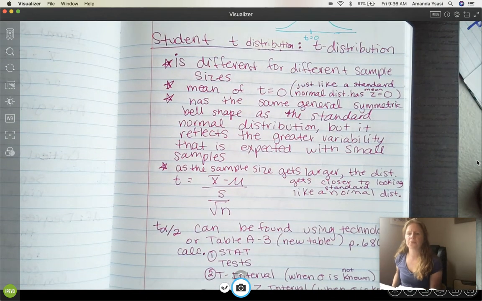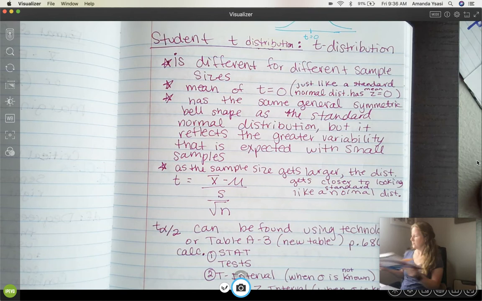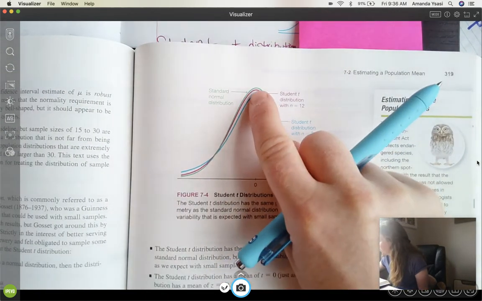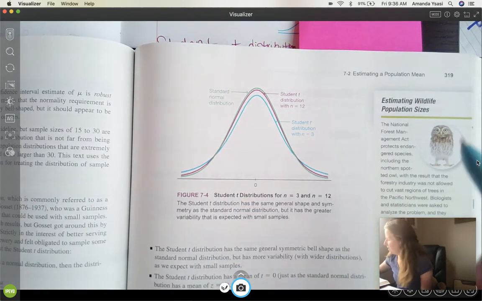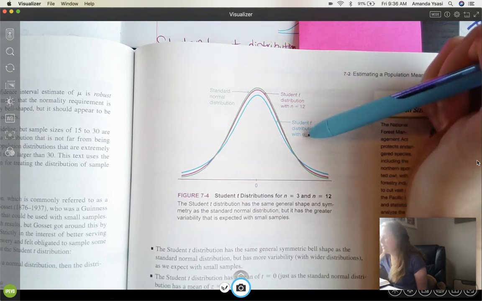It has a general symmetric bell shape like the standard normal, but it reflects the greater variability that is expected with small samples. I had a picture in my book that I wanted to show y'all. This is on page 319. The green represents the standard normal distribution, and then the blue, see how this says n equals 3?